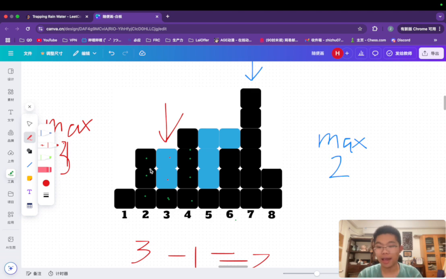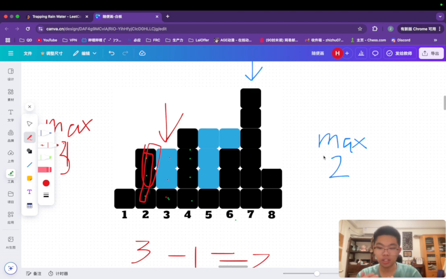This cannot really happen, since otherwise we won't be operating on this one, and we won't even be operating on the second position, the highest one on its left hand side, if there's nothing higher than it on the right hand side, right? Since we always operate on the smaller one among the left one pointed by the red pointer and the right one pointed by the blue pointer. So if it's operated, it's definitely smaller than the highest one on the other side.